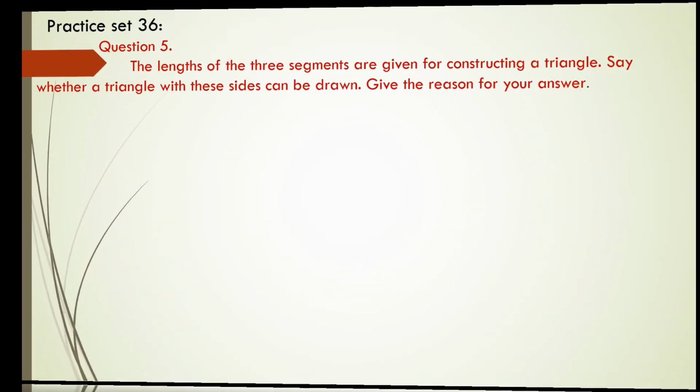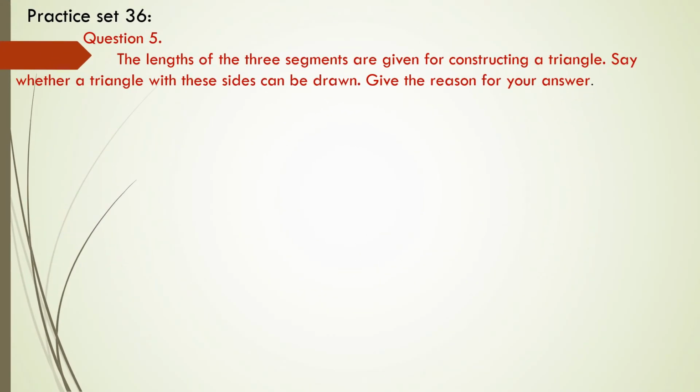Question number 5. The lengths of three segments are given for constructing a triangle. Say whether a triangle with these sides can be drawn. Give the reason for your answer. In the first question, 17 centimeter, 7 centimeter and 8 centimeter.